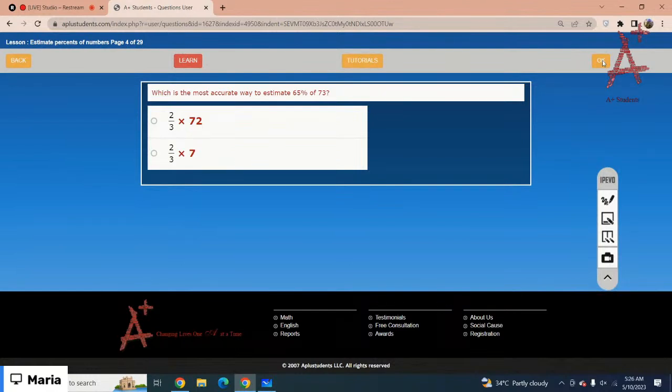What is the most accurate way to estimate 65% of 73? So which is the correct option?